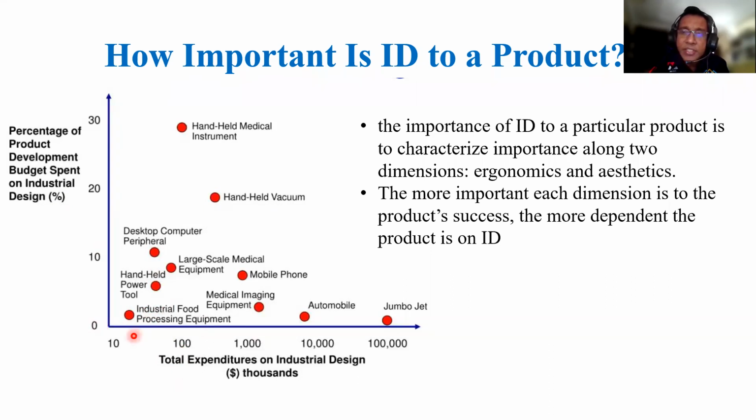This shows that the range of expenditure on ID is tremendous. For a product with relatively little user interaction, for example, industrial equipment, food processing, health products, and desktop computers, the ID costs only around $10,000.